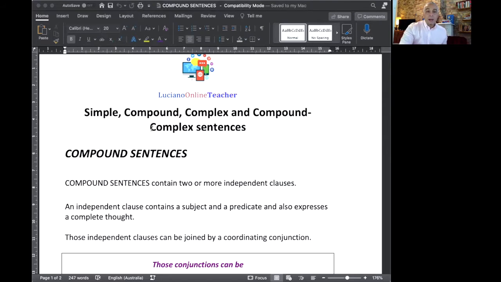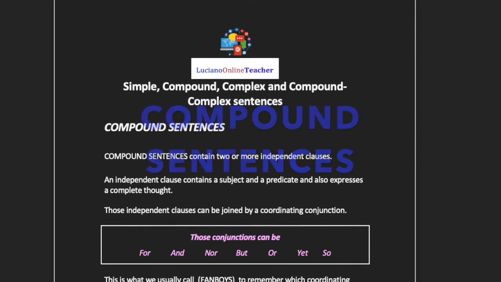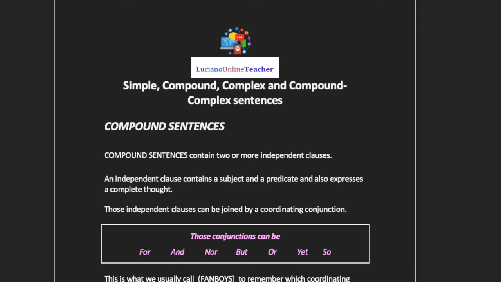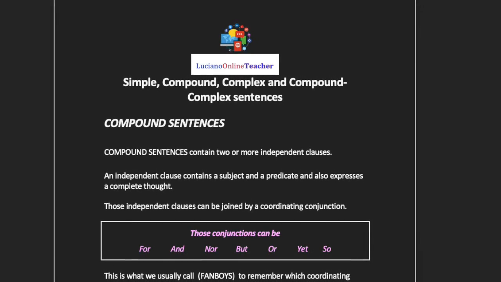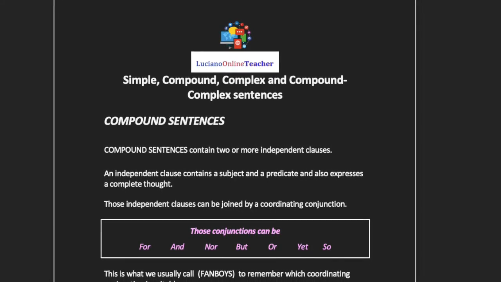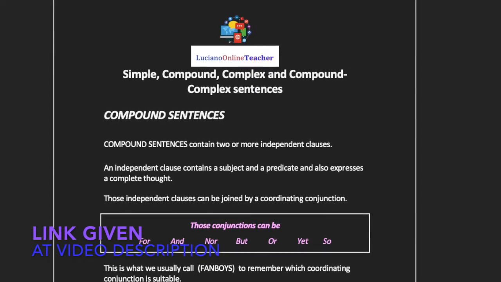We need to go now with our second kind of sentence in English, and this is what we call compound sentences. Compound sentences, as I wrote here, this is the guide that you can access. You have access to this guide in the description that I'm going to include at the end of this video.